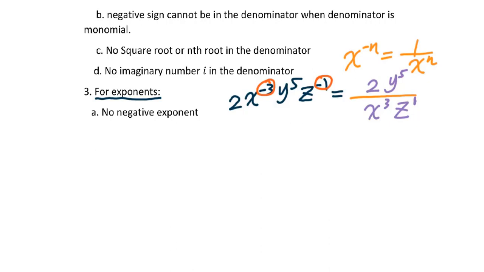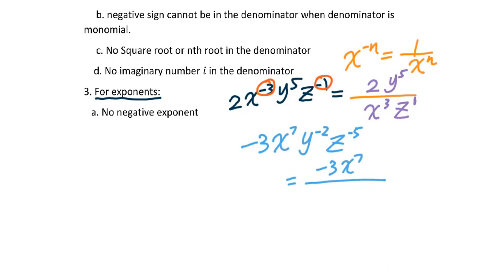Let's do one more. If I have negative 3 x to the seventh power, y to the negative second power, z to the negative fifth power, the top will be negative 3x to the seventh.